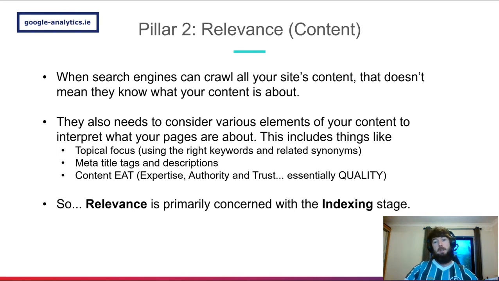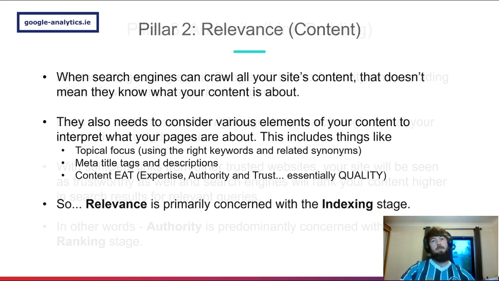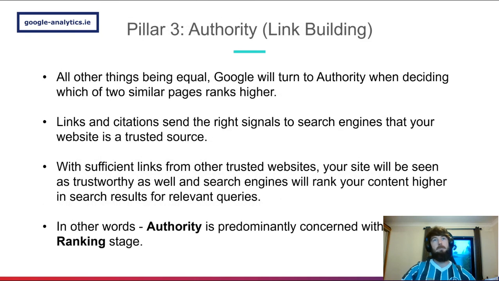Meta title tags and meta description tags as well, and content EAT. EAT stands for expertise, authority, and trust. And essentially, Google's algorithm has ways of measuring or interpreting this. But basically, all you can do to influence this is to make sure that you write top quality content that your audience will be interested in. So relevance is primarily concerned with the indexing stage.